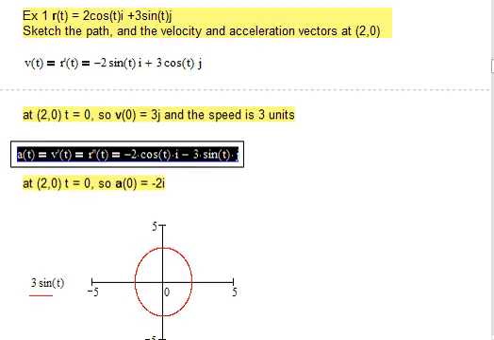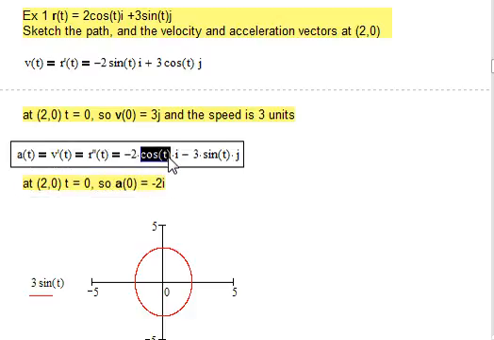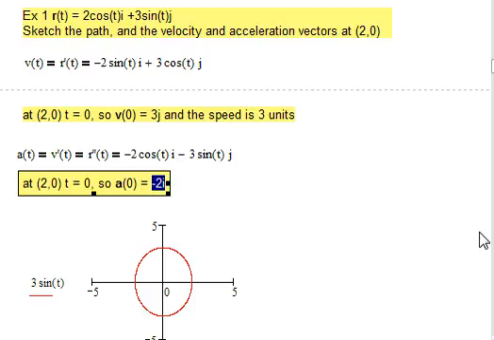And at the point 2, 0, where t is already known to be 0, we have the acceleration vector is negative 2i, because if t is 0, then cosine of 0 is 1, so we get negative 2 times 1i. And sine of 0 is 0, so we got negative 3 times 0 times j, so it's just negative 2i for our acceleration vector.